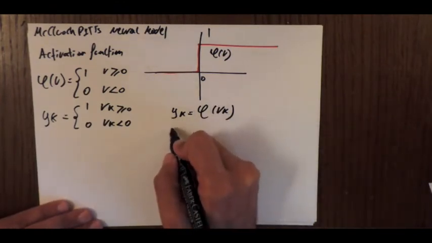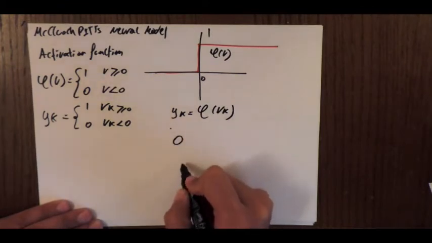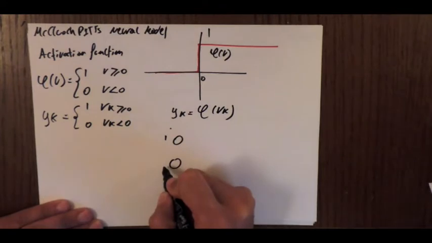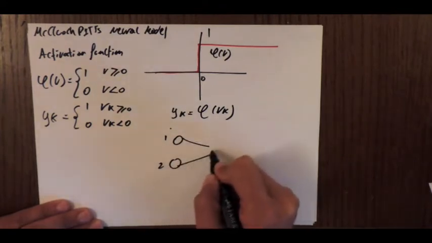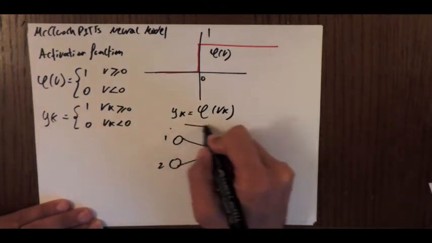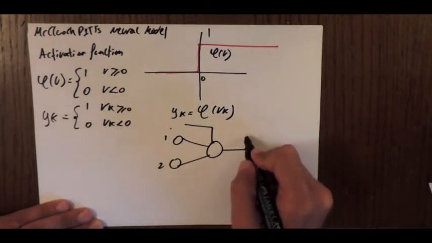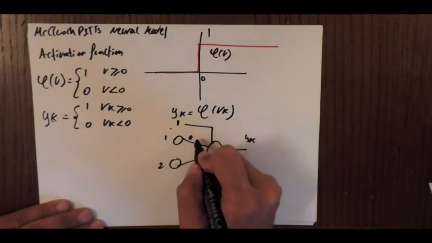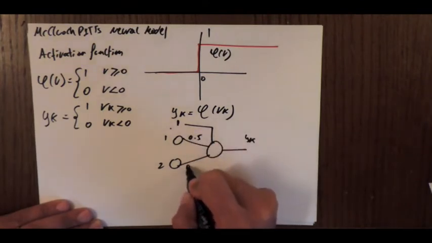So if we take the same example we did before for the bias, let's say we have this is 1, this is 2, and then we have neuron k, and we have the bias, and this is the output y_k. Here we take the bias to be 1, this is 0.5, this is 0.4.